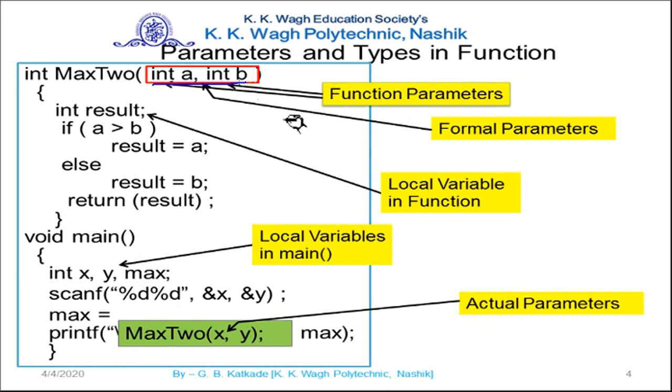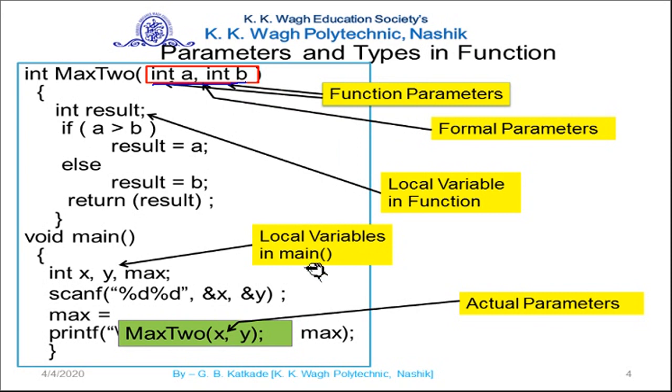The parameters given in the declaration of the function are called the formal parameters. Here the formal parameters are two: one is a, the other is b.